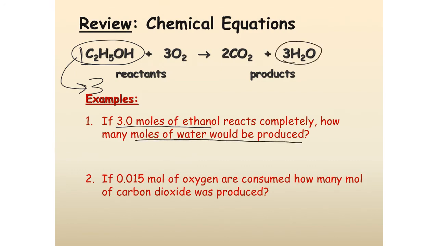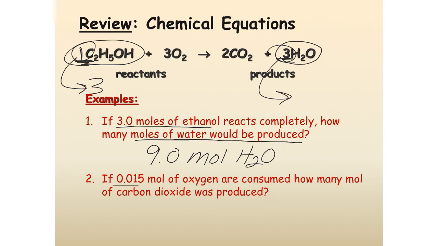Normally when you reacted 1 mole of ethanol, you produced 3 moles of water. Well, if you're tripling your recipe and reacting 3 moles of ethanol, you would produce 9 moles of water. Now you also could have looked at their ratio. They're in a 1-to-3 ratio, so 3 to 9 would be the same thing. You could also set up a proportion if the numbers were less easy to work with, such as this next example.